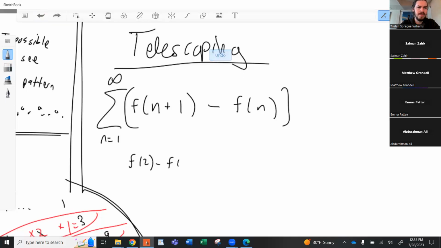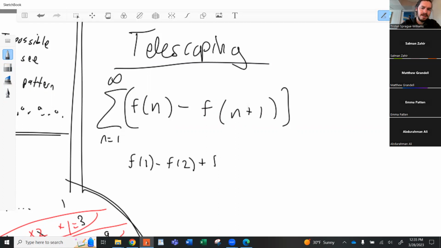Or sorry, it should be the other way around. I just realized I did this backwards. It's usually the other way around, though it doesn't have to be. So it's more like f of 1 minus f of 2, and then you add f of 2 minus f of 3, and then you add f of 3 minus f of 4.